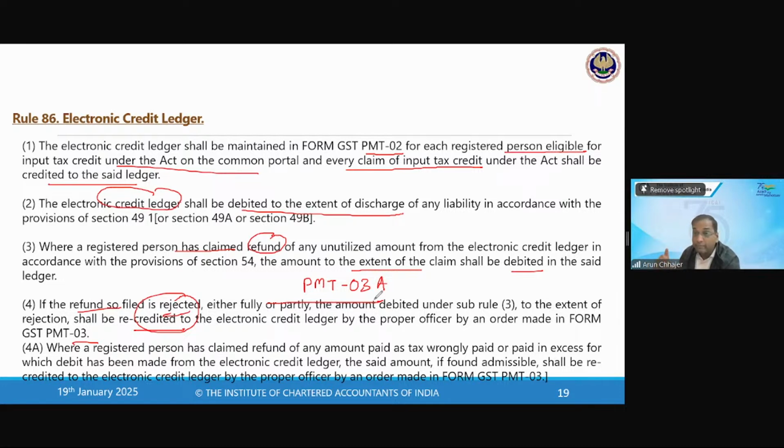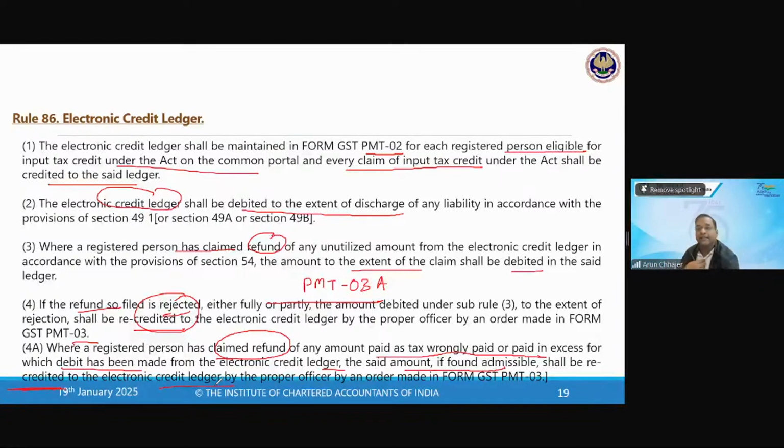We'll discuss that in the refund chapter. Where the registered person has claimed a refund of an amount wrongly paid or paid in excess of the debit made from the credit ledger, the amount, if found admissible, shall be recredited to the credit ledger.